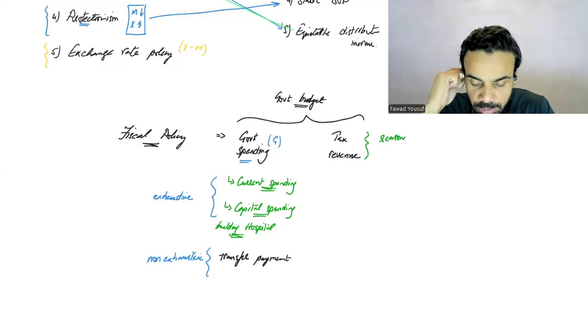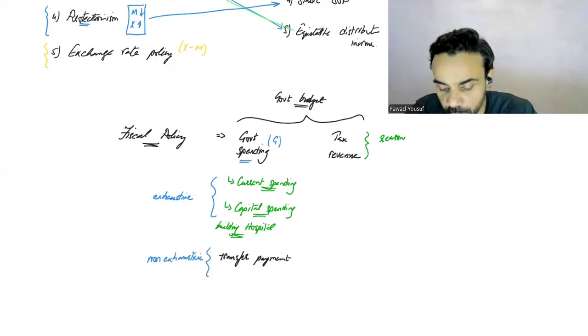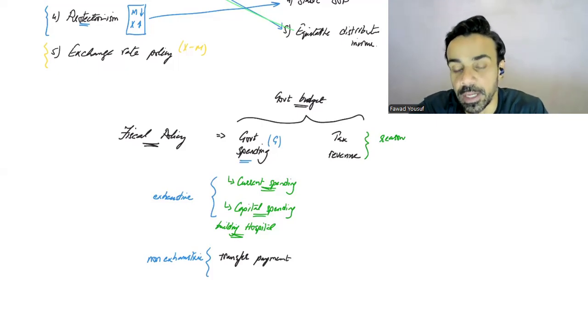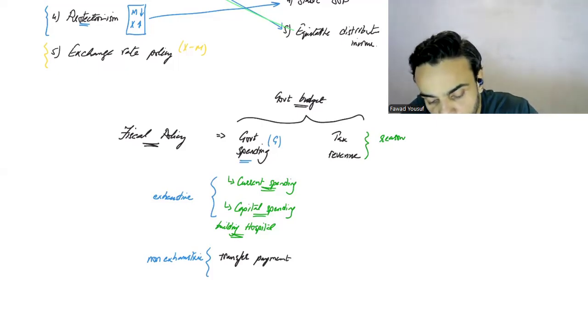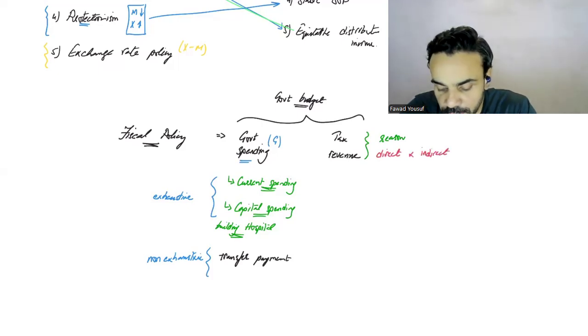So under this you can actually break down which taxes you want to talk about, okay, because remember we have two kinds of taxation that we discussed, the direct and the indirect taxes. Now this one is an important piece of information that you should always know.